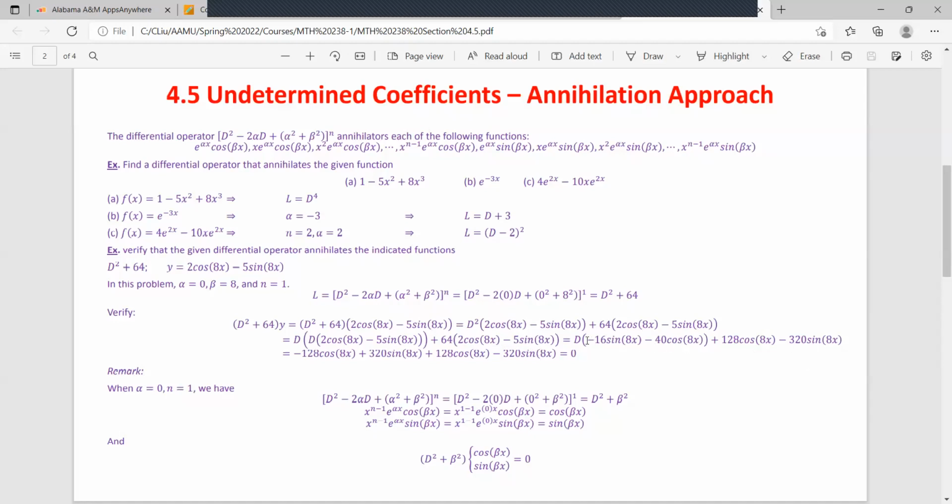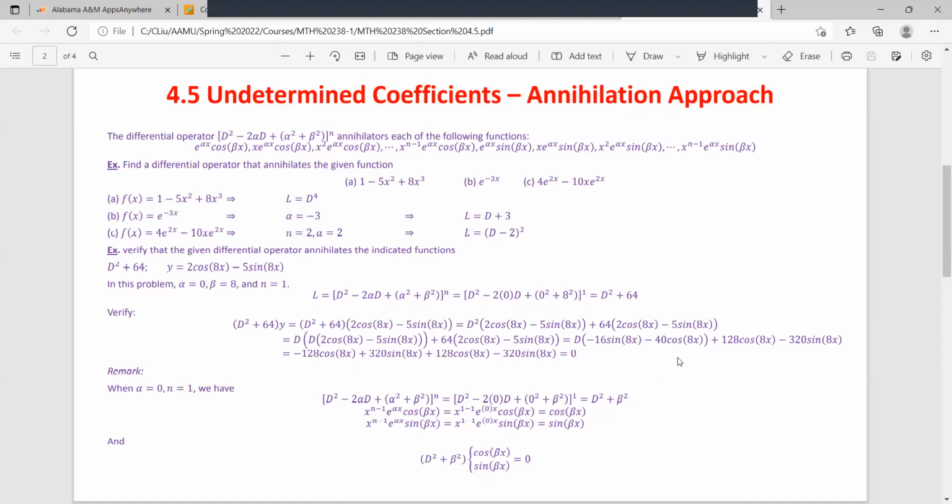And then we need to take the derivative of negative 16 sine 8x minus 40 cosine 8x. Once again, if we take the derivative of sine 8x, we get cosine 8x times 8. Negative 16 times 8 gives negative 128.